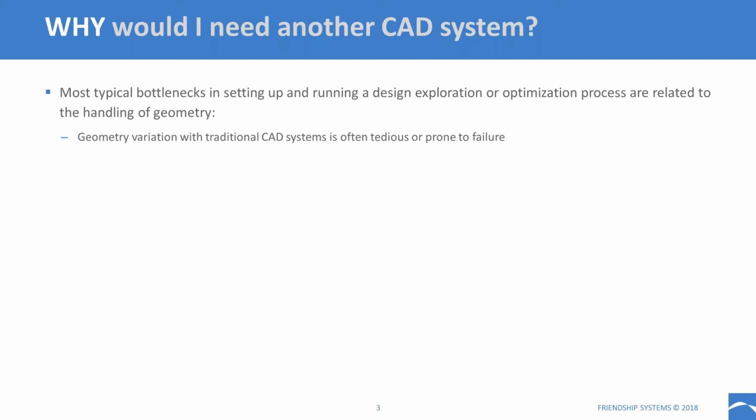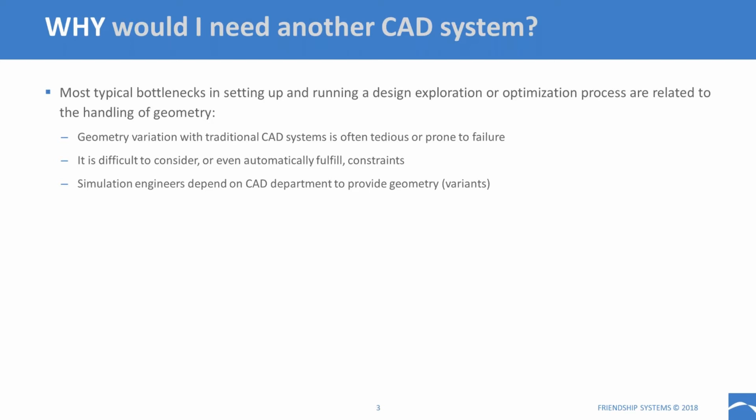That's probably the major bottleneck. Another thing that is important when you optimize a product are constraints. So manufacturing constraints or packaging or whatever you might encounter. And these kind of constraints are often difficult to consider when changing the geometry in an automated way.